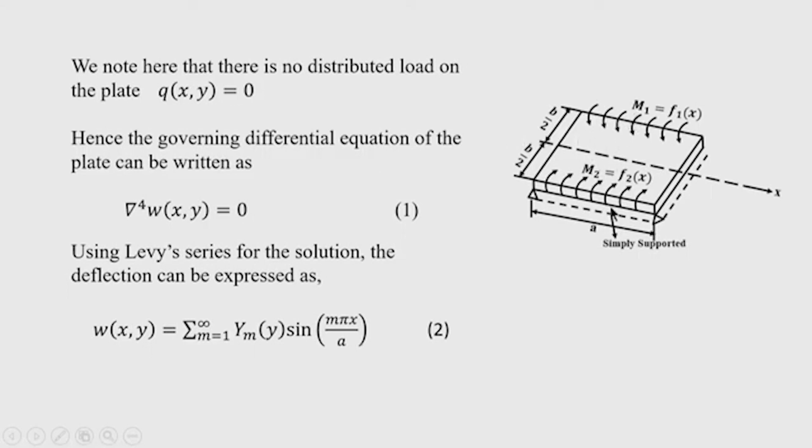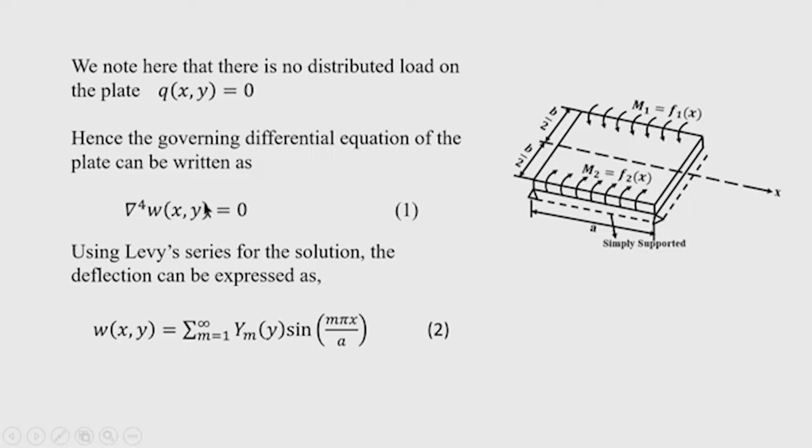The edge moments are applied, but that is to be fulfilled by boundary conditions. So, the plate surface is free from loading. Therefore, we have written the differential equation of the plate as del 4 w equal to 0. Okay. W is of course a function of x and y.